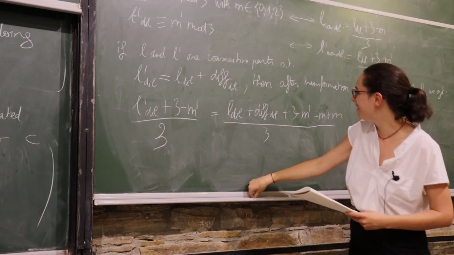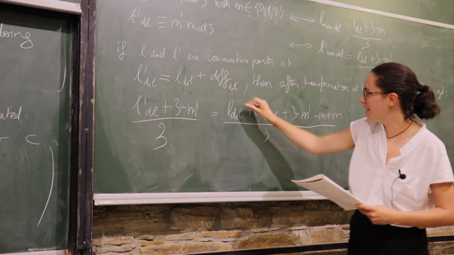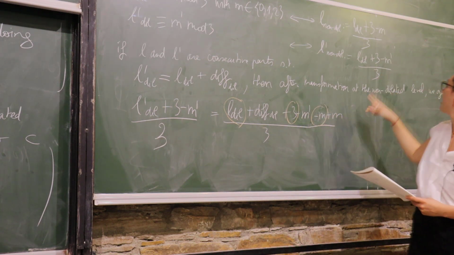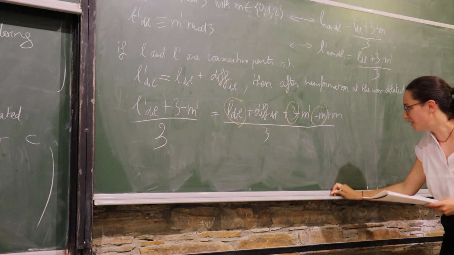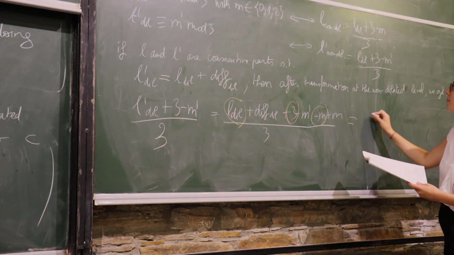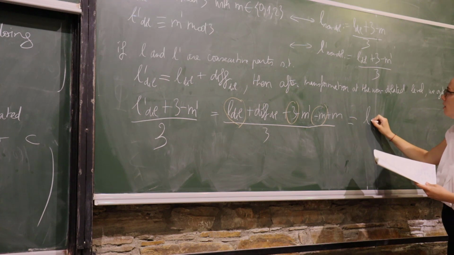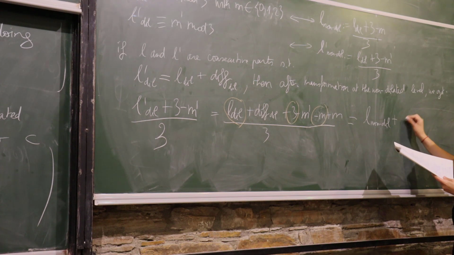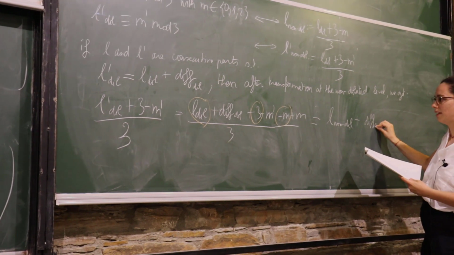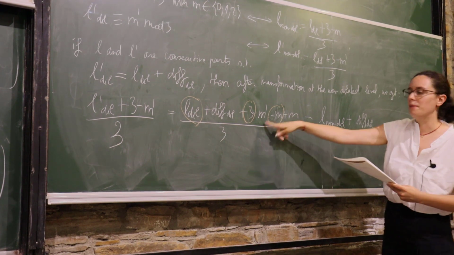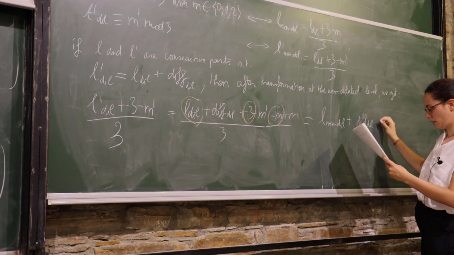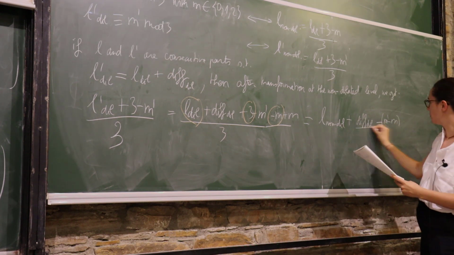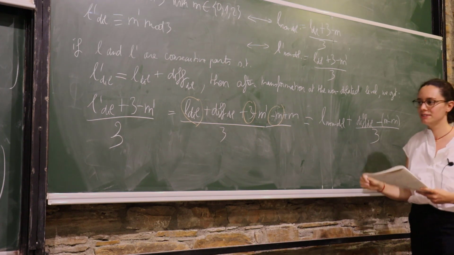That's all good. So if I take this, this and this, that's what we want here. So this is actually the non-dilated L plus the dilated difference plus m minus m prime, but I will write this as minus m prime minus m because I prefer it that way, over 3.